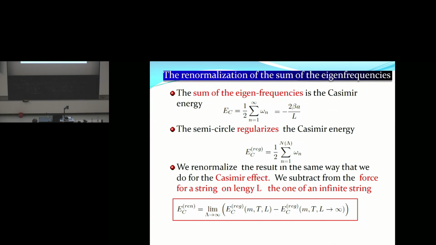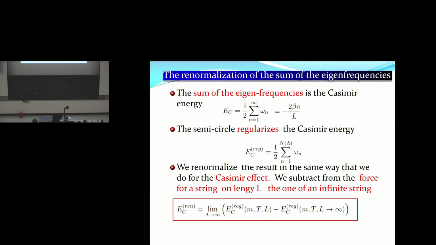We simply do the renormalization as you do it for the Casimir effect. You take the result of the Casimir energy, or in fact the Casimir force, and you subtract the Casimir force for a string whose length goes to infinity. It's just like taking the walls to infinity in the Casimir effect.